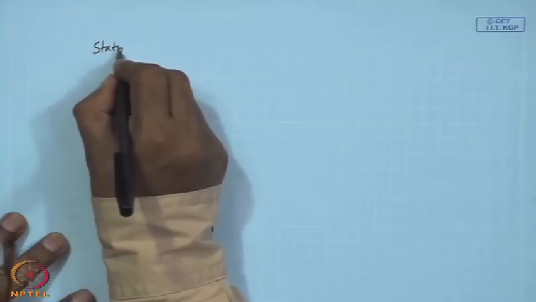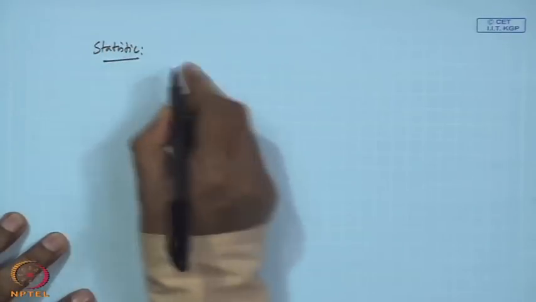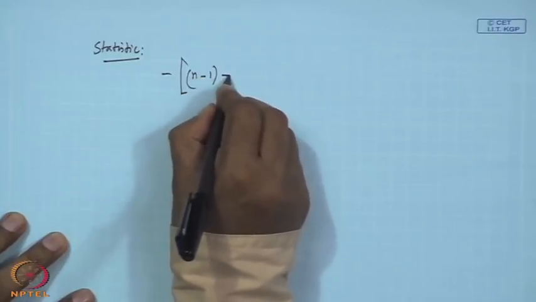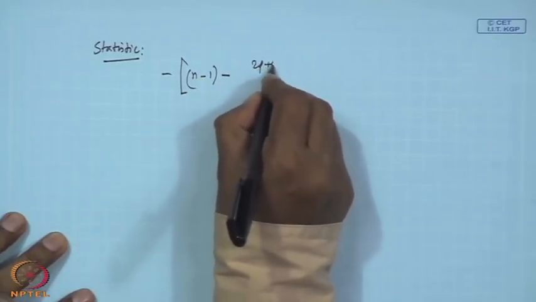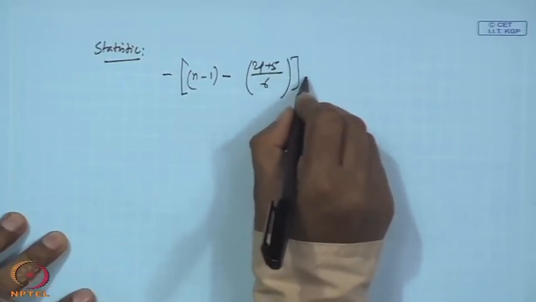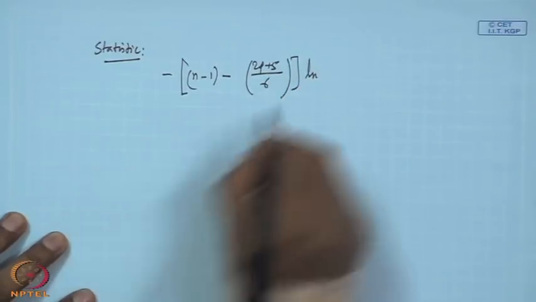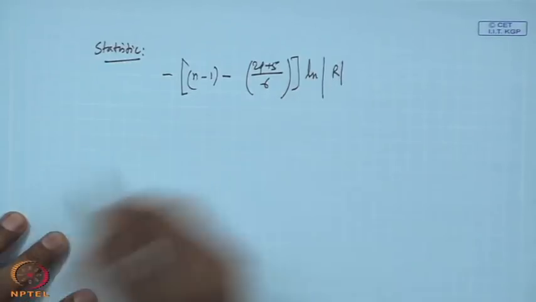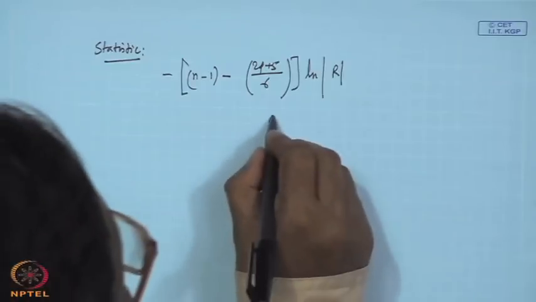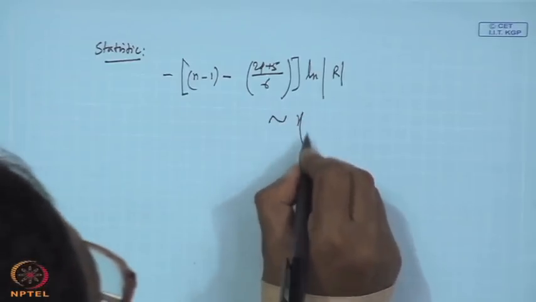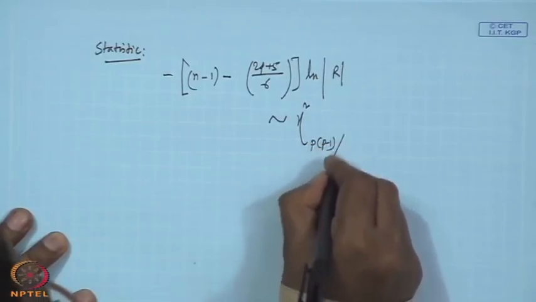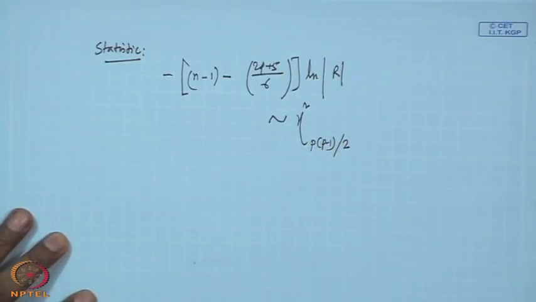The statistic to be tested is minus (n minus 1 minus (2p plus 5) by 6) log base e determinant of R. This statistic follows a chi-square distribution with p into (p minus 1) by 2 degrees of freedom.